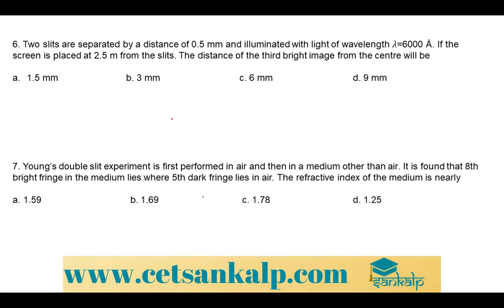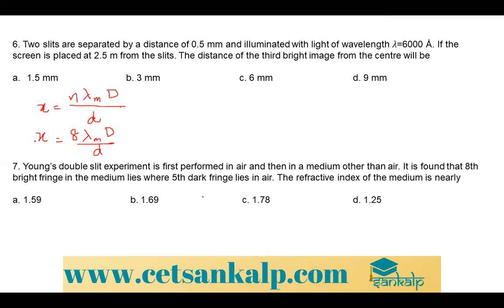First, what they are saying, I take x. They are telling that 8th bright fringe, correct? First performed in the air. So x is equal to n lambda m D divided by d. So again I take 8 lambda m D divided by d. That is your x.